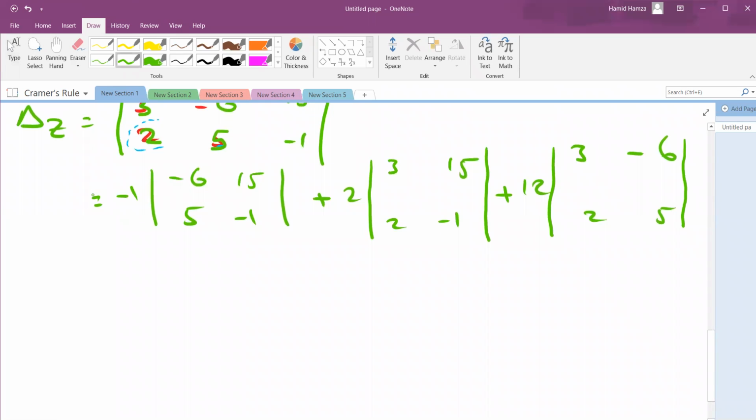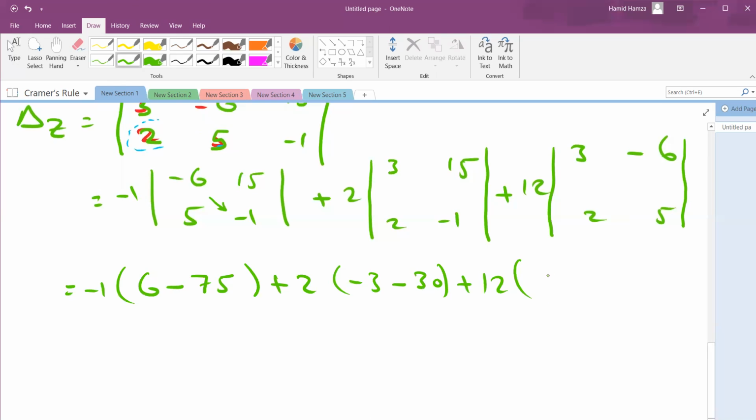So it takes time. So it equals negative 1 multiplied by negative 6 multiplied by negative 1 will be 6, minus 5 by 15 will be 75, plus 2 multiplied by 3 multiplied by negative 1 will be negative 3, minus 30, plus 12 multiplied by 15 minus will be plus 12.